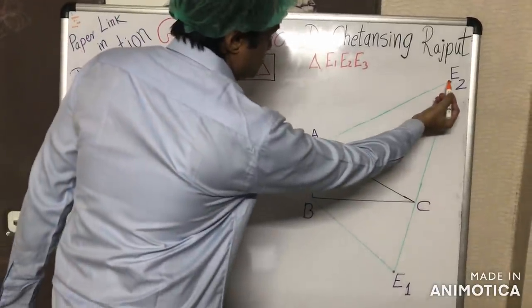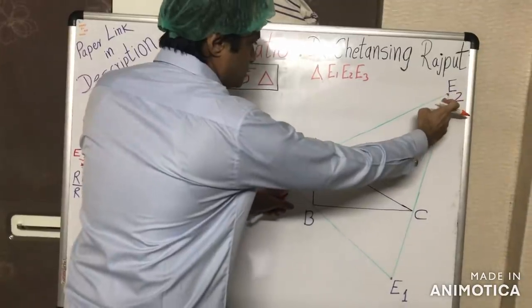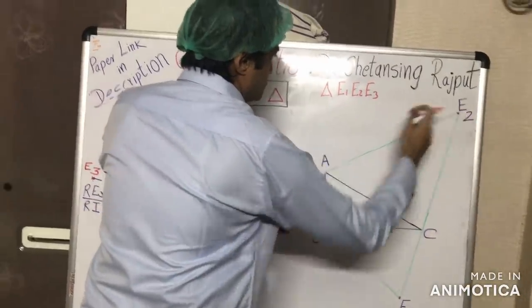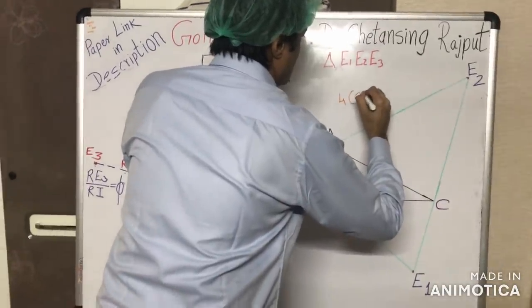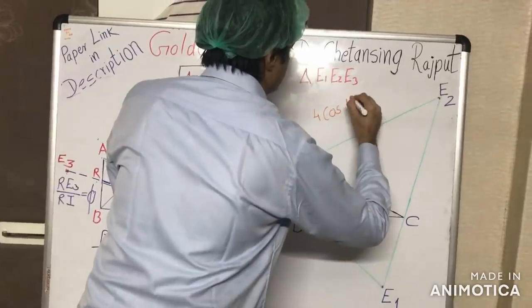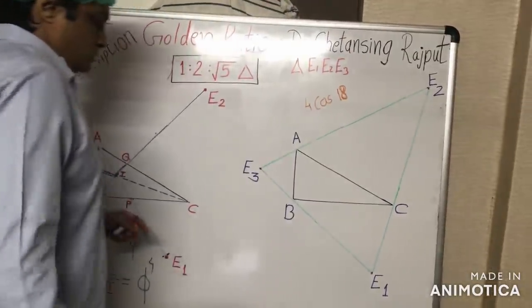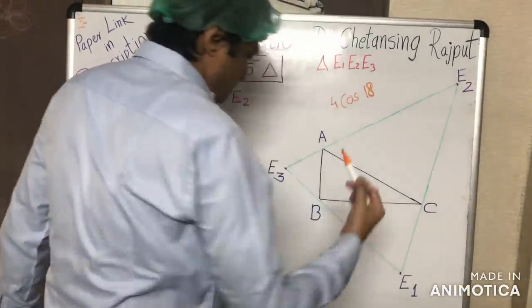See, side of this triangle E2, E3. This E2, E3 side, it is precisely equal to 4 times cos 18. 4 times cos 18.